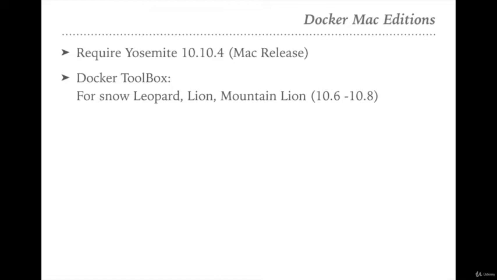So if you are using a macOS version lower than 10.10.4, lying between 10.6 and 10.8, then you can install Docker Toolbox. But that doesn't mean native Docker will be supported on your operating system. Native Docker will only be supported if you are using a minimum Mac version of 10.10.4 or higher.